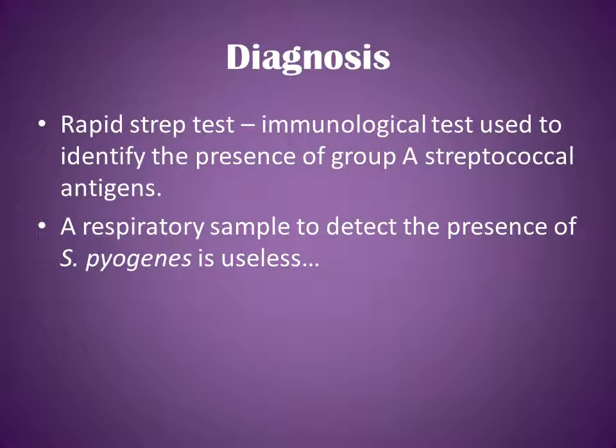Diagnosing Streptococcus pyogenes as the cause of a disease involves the rapid strep test, which is the immunological test used to identify the presence of group A streptococcal antigens. A respiratory sample to detect the presence of gram-positive bacteria is simply not enough because Streptococcus pyogenes, as I mentioned before, is a member of the normal microbiota of the pharynx, so the antigens must be identified.